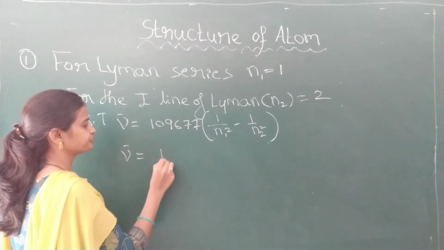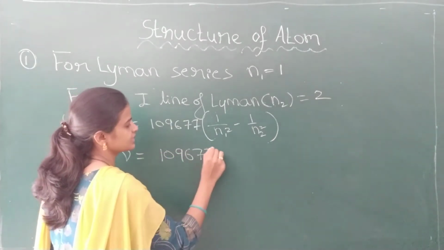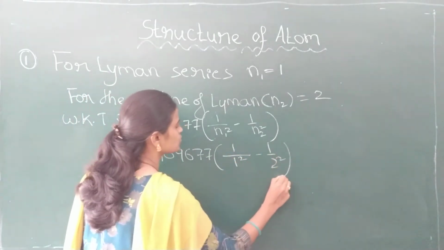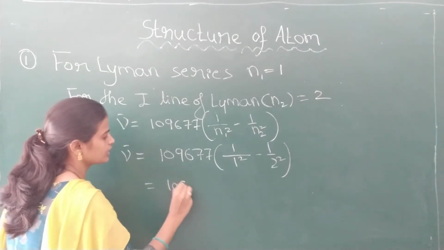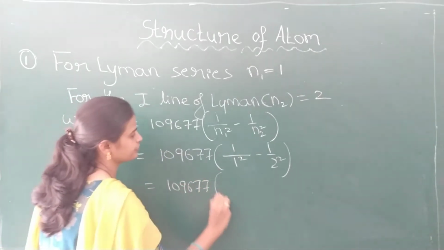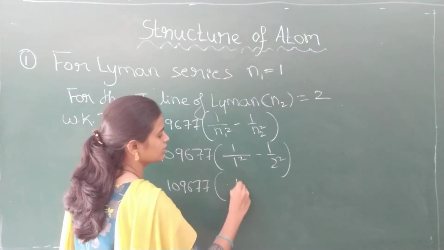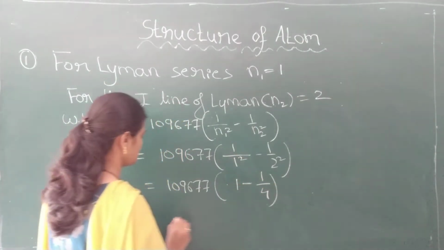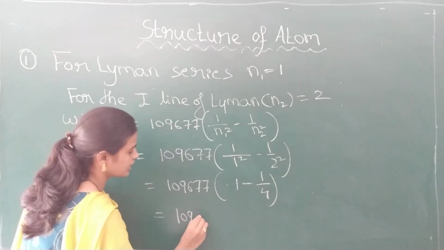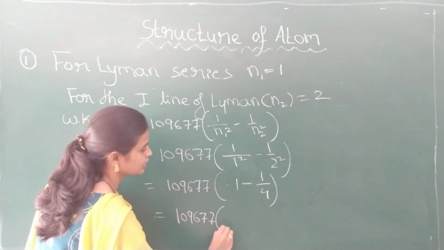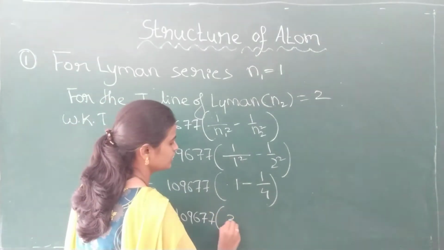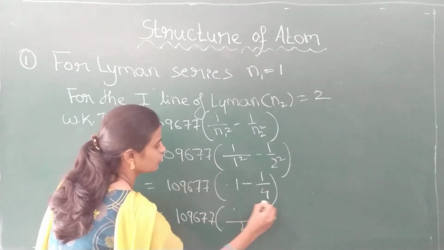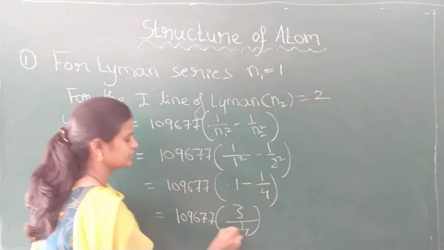Therefore, nu bar equals 109,677 times 1 by 1 square minus 1 by 2 square. 1 square is 1 itself, and 2 square is 4. So 4 minus 1 is 3, that is 3 by 4.